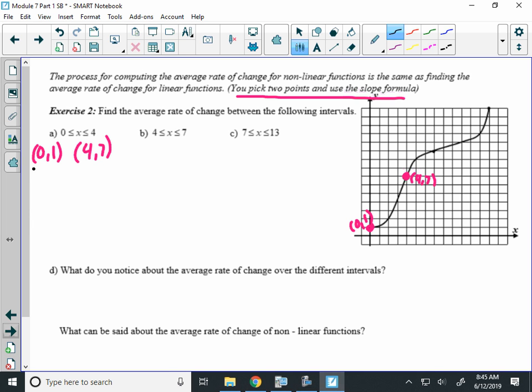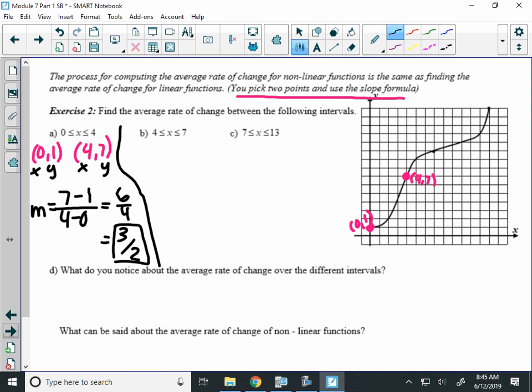So I need to know my x's and y's. And the slope here, I'm going to start with 7 minus 1 over 4 minus 0, which is 6 over 4 or 3 over 2. So the first interval has a slope of 3 over 2. I'm going to look at the second interval. I already know the ordered pair for x equals 4. That's 4, 7.